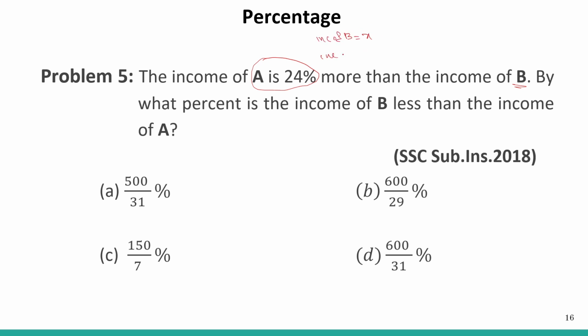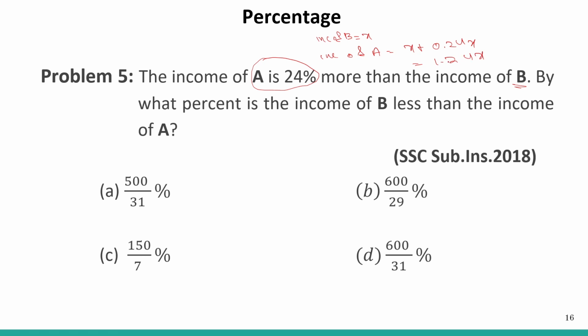So let the income of B be x. So the income of A is equal to x plus 24%, that is 0.24x, so 1.24x.